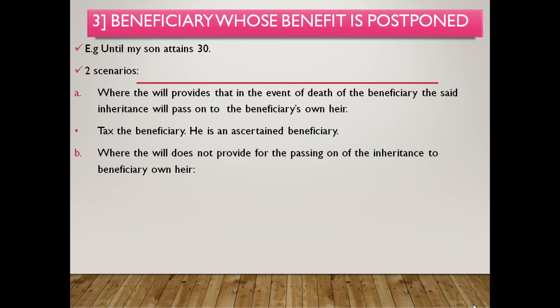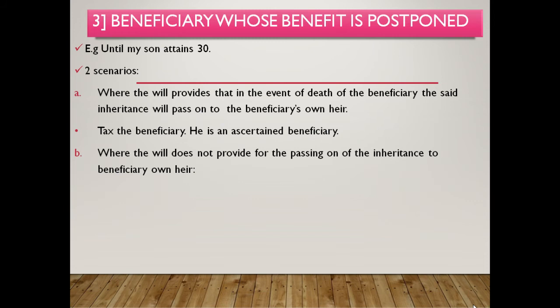The second scenario is where the will does not provide for the passing on of the inheritance to a beneficiary's heir. It just says the asset will be transferred when my son attains 30, and it ends there. What if the son dies before attaining 30?